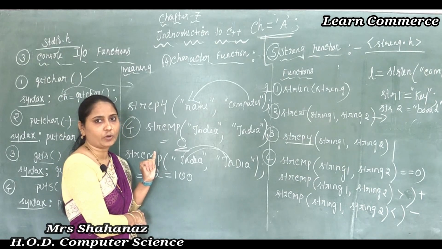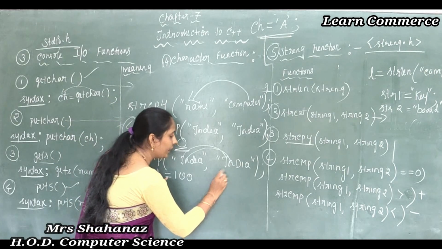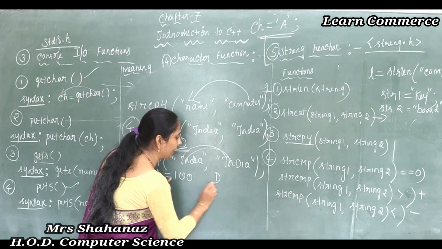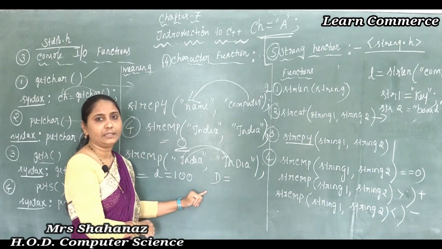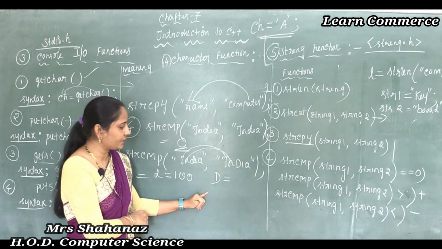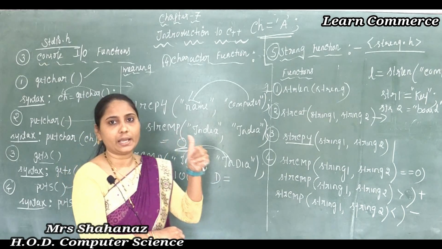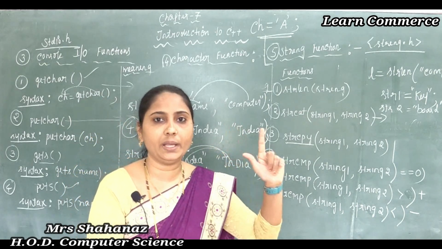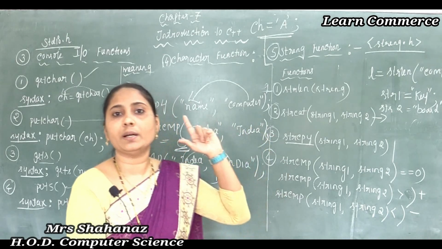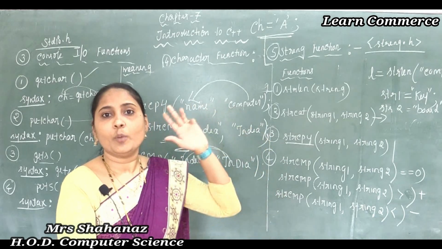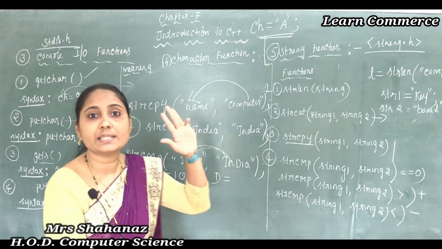The value of D is 100, and later here when you take capital D, capital A is 65, capital B 66, capital C 67, but capital D is 68.